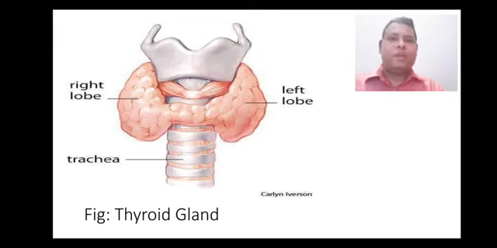You can see the thyroid gland and the different lobes of the thyroid gland, the right lobe and the left lobe, and the trachea. So this is the left lobe of the thyroid gland and the right lobe of the thyroid gland.